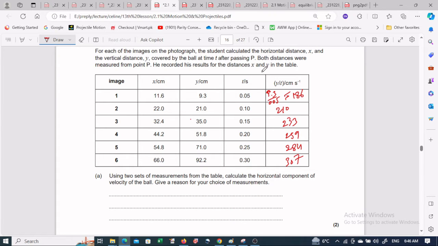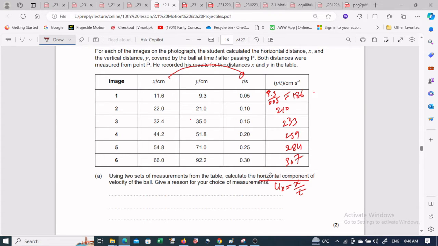Now, in order to find the horizontal component of the velocity of the ball, we have different values of x and t. The horizontal component ux is equal to the horizontal distance divided by the time taken. We have taken the photograph at different time intervals, so we divide the value of x by t to get the horizontal component.